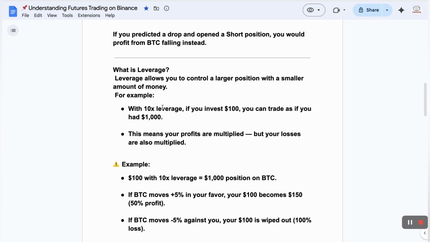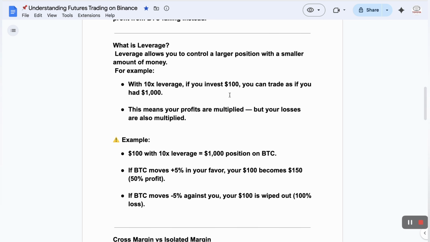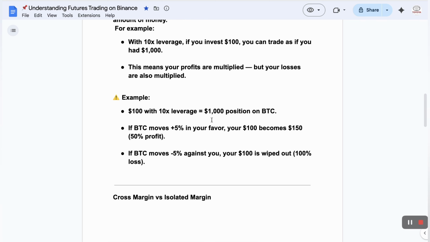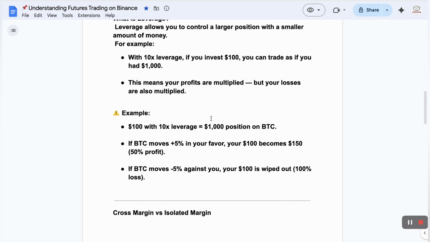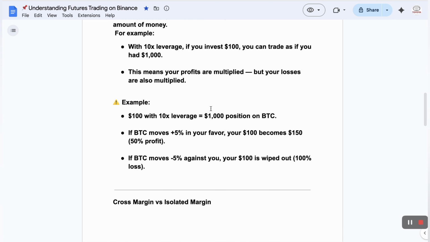For example, with 10x leverage, if you invest $100, you can trade as if you have $1,000. But your own money is $100. If you use 10x leverage, you are trading like you have $1,000. This means your profits are multiplied, but your losses are also multiplied. You have to understand what leverage is before you commit yourself to futures markets.